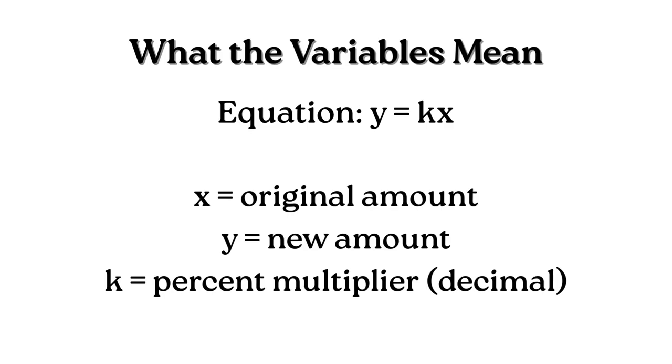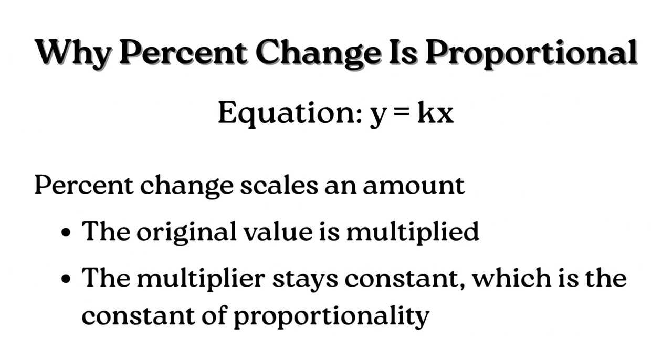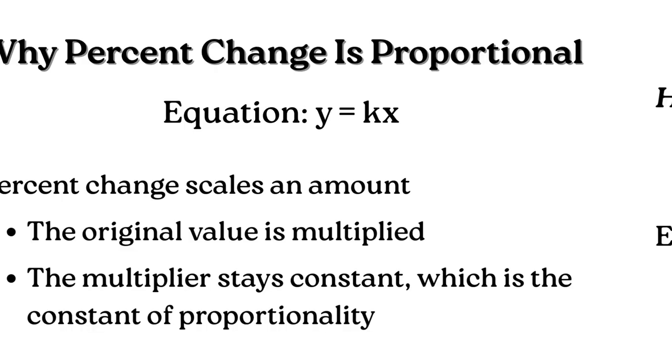Let's start by defining our variables. X represents the original amount, y represents the new amount after the percent change, and k is the constant of proportionality, or multiplier. It's the percent written as a decimal. Percent change works by multiplying the original amount by a constant factor. Because that multiplier stays the same, percent problems are proportional, which is why we can model them using y equals kx.